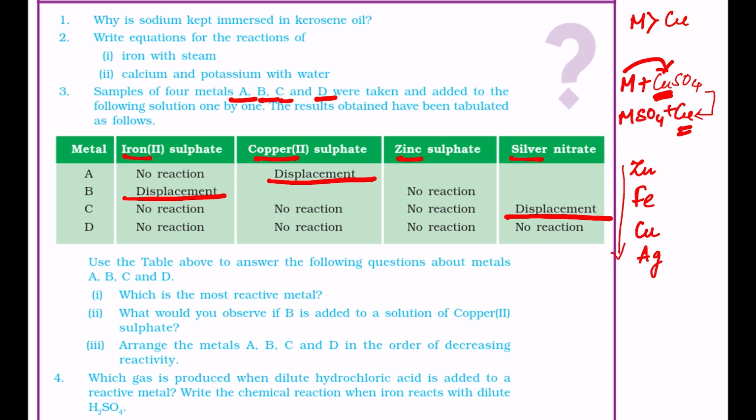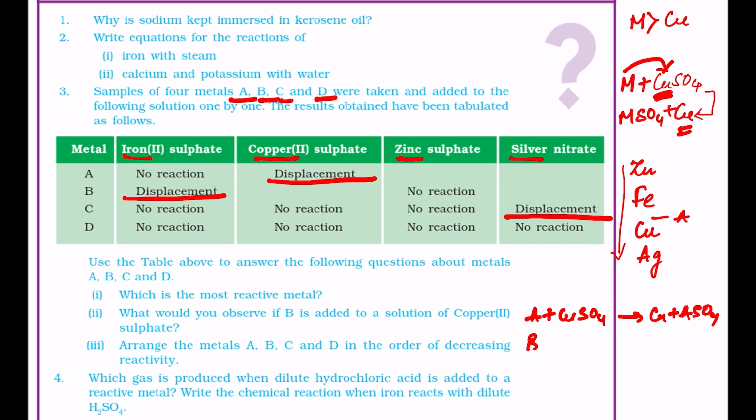Now A shows displacement reaction with copper sulphate, which means when A reacts with copper sulphate, it forms metallic copper and sulphate of A is formed. So it can be said that A is more reactive than copper. So A must be lying above copper in the reactivity series. Then B shows displacement reaction with iron sulphate.